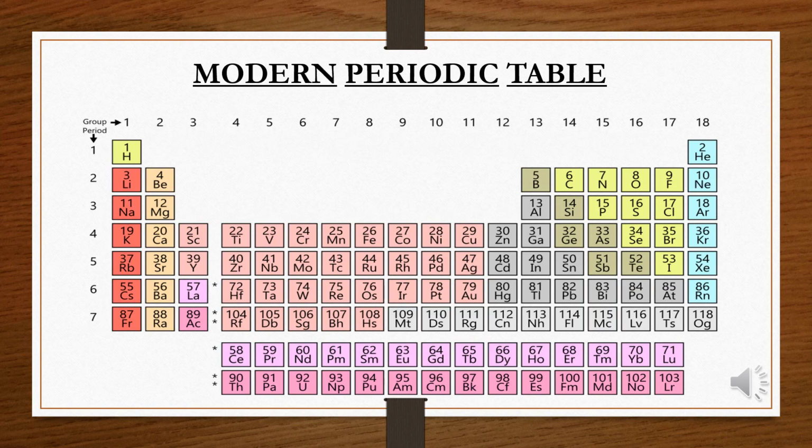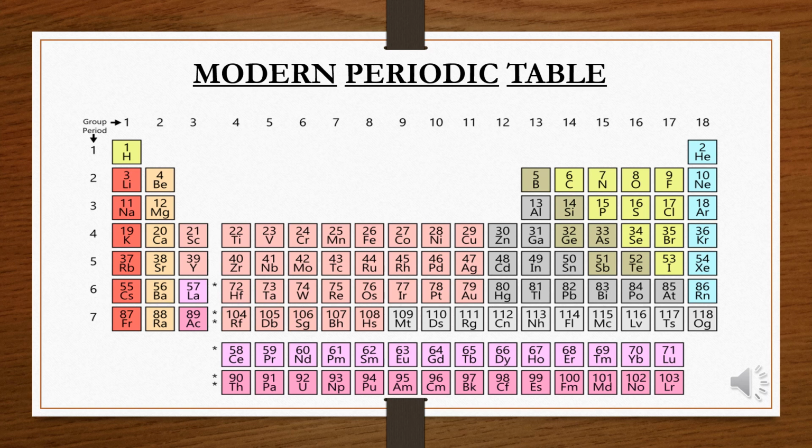So here you can see the modern periodic table, and if we talk about the periods, period number 1, in the horizontal way, started with hydrogen and ended at helium. Period 2 started with lithium and ended with neon. Period 3 started with sodium and ended at argon.